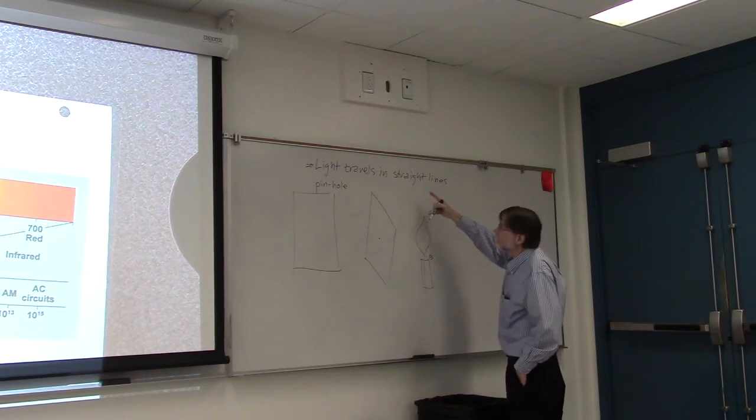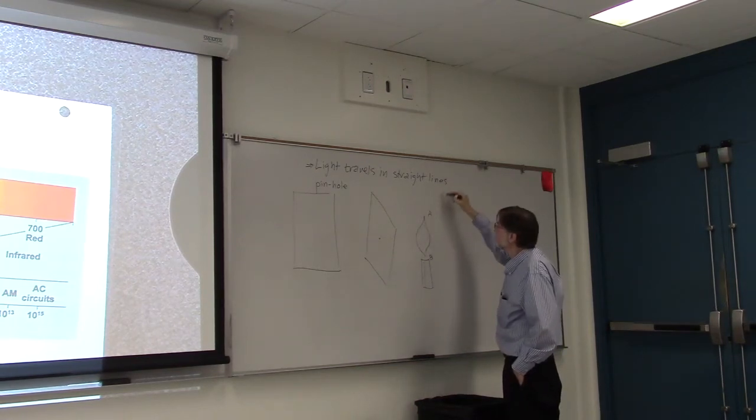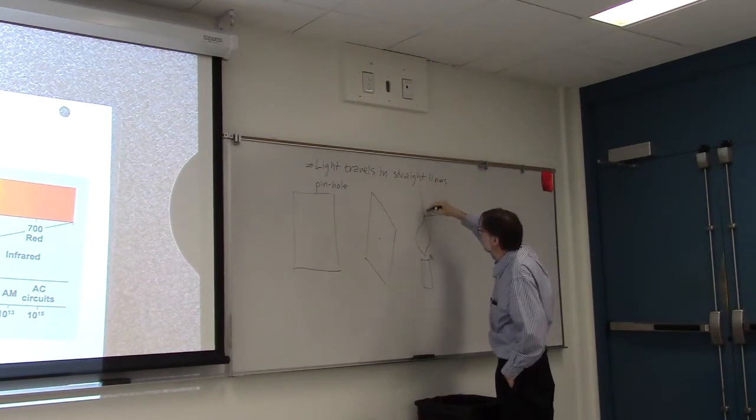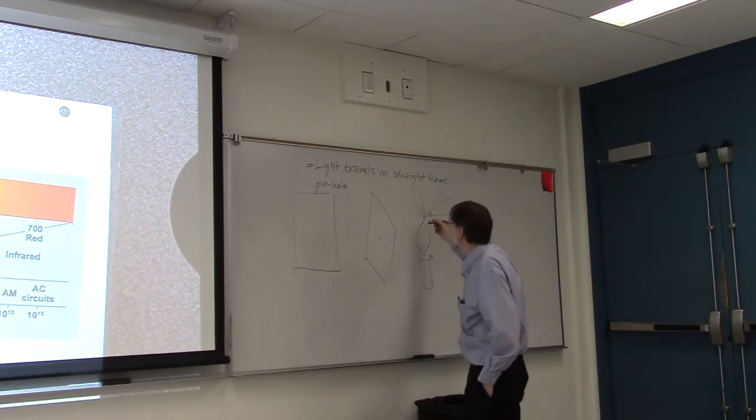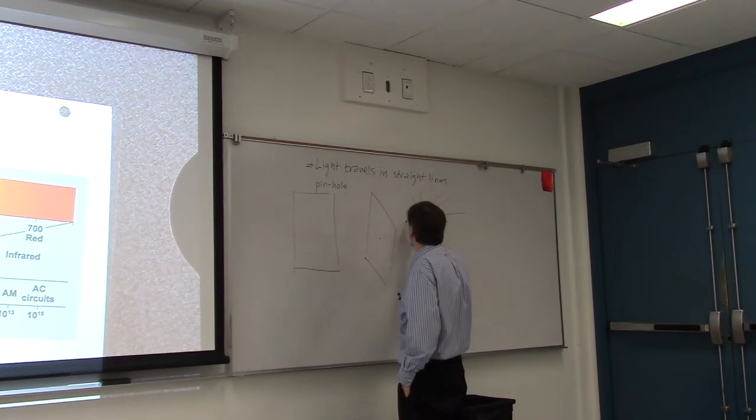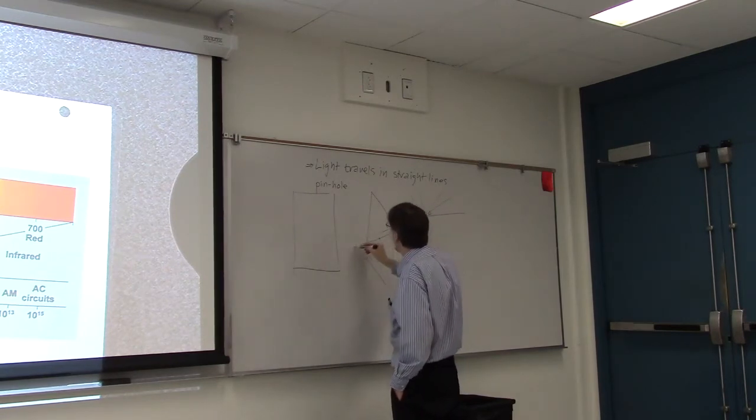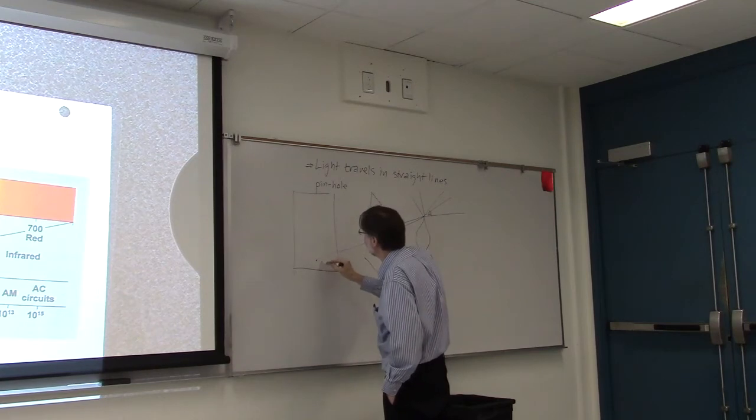And the fact that light travels in straight lines, well, light goes off in all directions from point A, which is a point source of light. These rays of light don't concern us. This one goes and gets blocked. This one goes through the hole and ends up down here at point A prime.